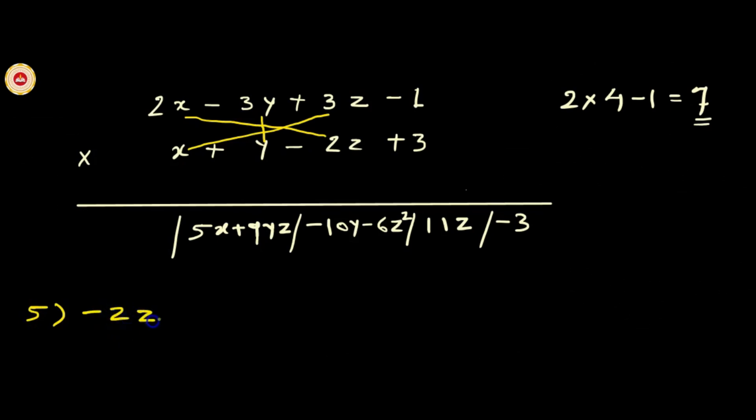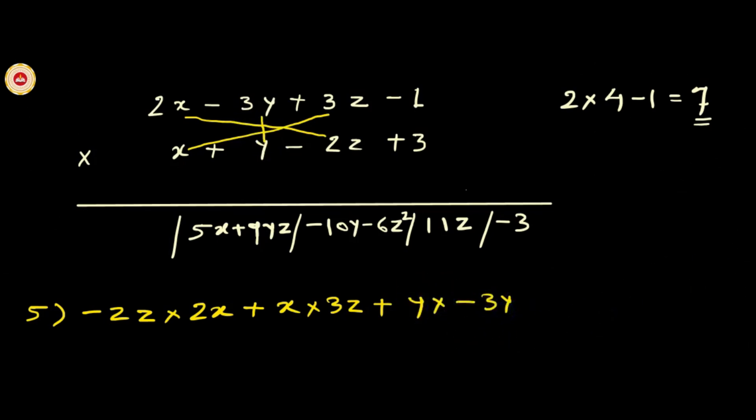Minus 2z multiplied by 2x plus x multiplied by 3z plus the middle column y multiplied by minus 3y.